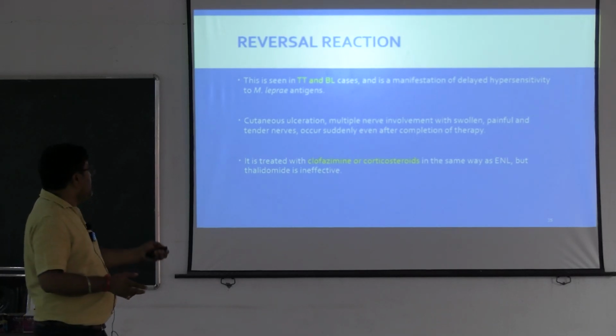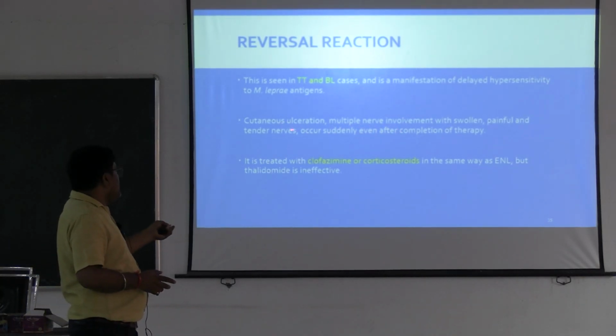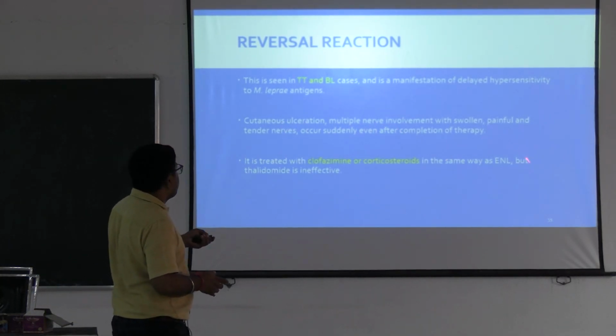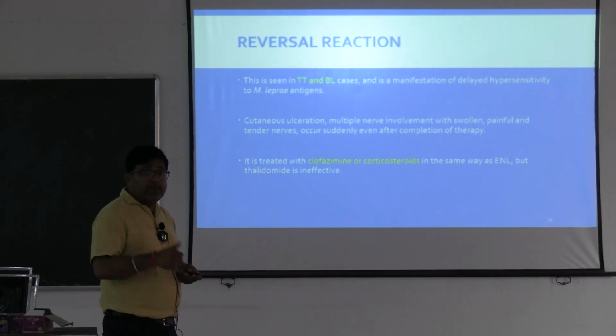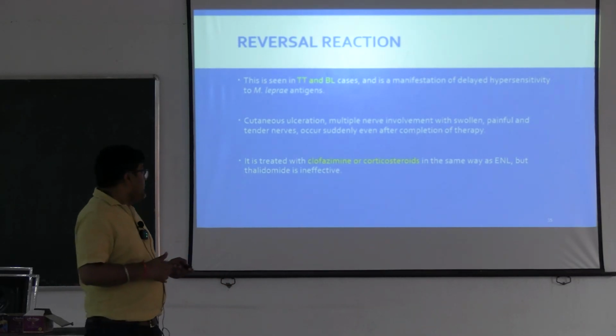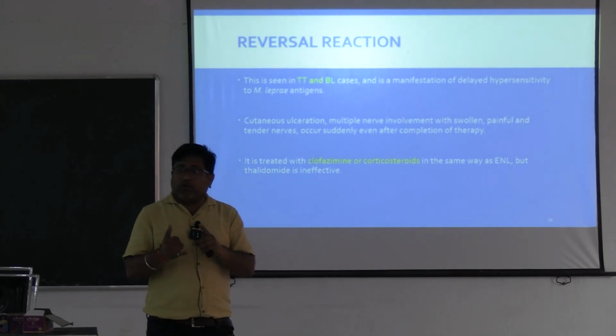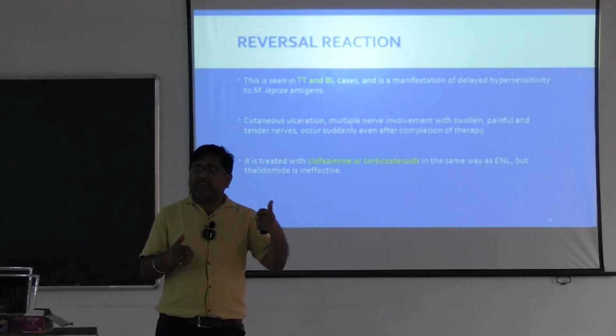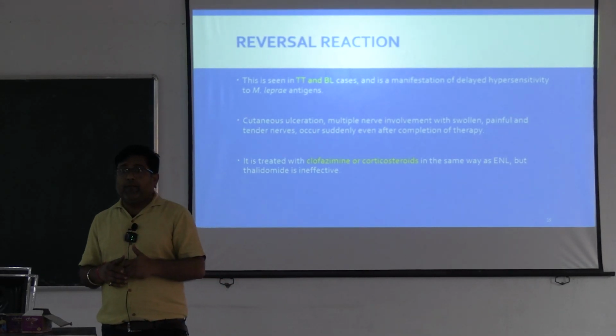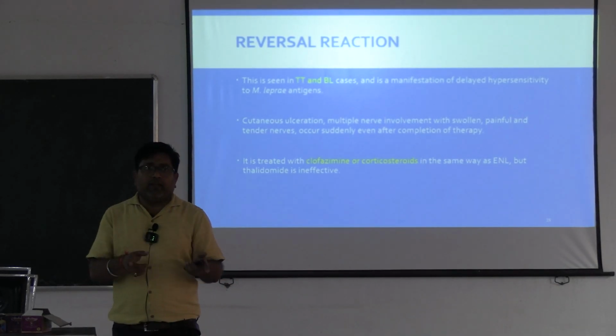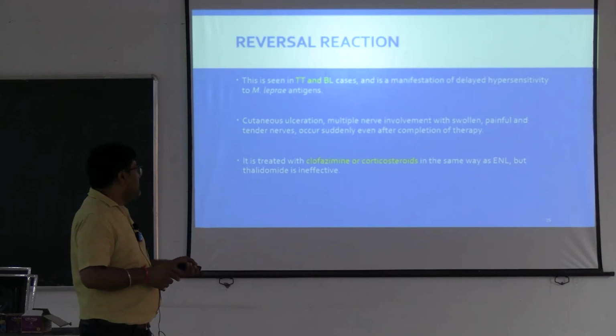The patient presents with multiple nerve involvement, cutaneous ulceration, with swollen, painful and tender nerves even after completion of therapy. So, what is the treatment here? Clofazimine or corticosteroid can be used, as discussed in lepra reaction, in the same dose. But thalidomide is ineffective in reversal reaction.